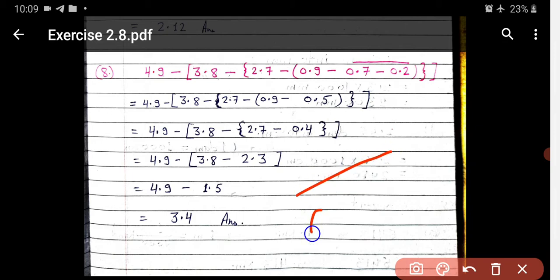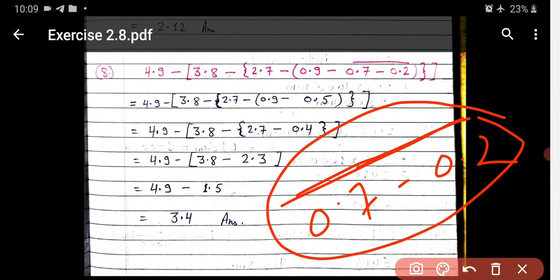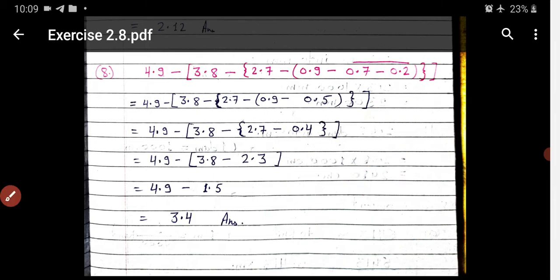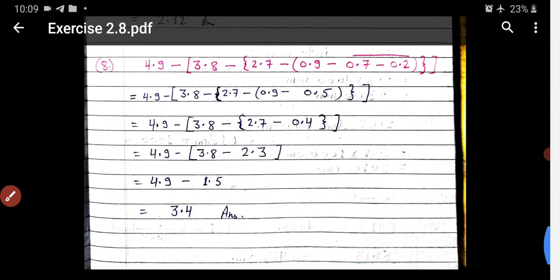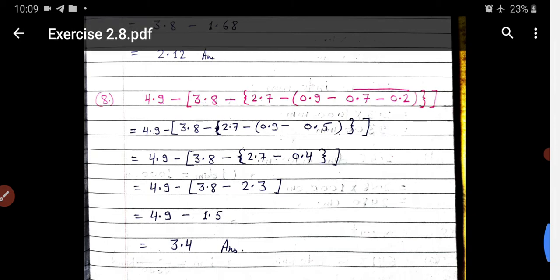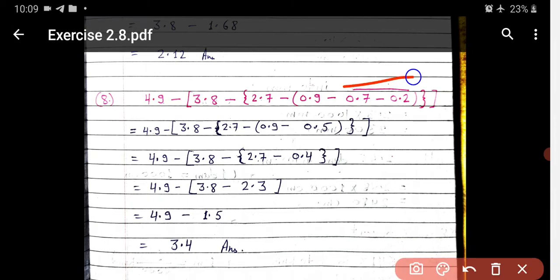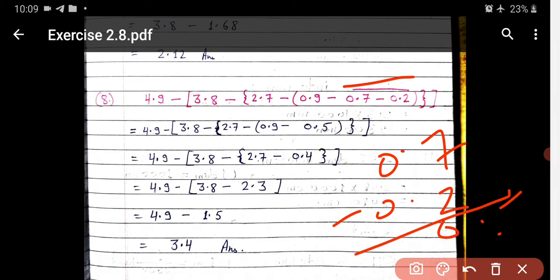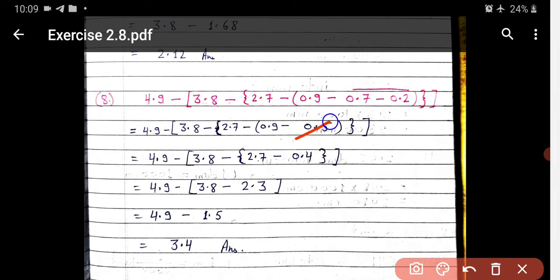Bar means whatever symbol is there, either plus, minus, multiply, divide, you have to solve that first. If a bar is there, you have to solve that operation first. Now one bar is present here, 0.7 minus 0.2. So first you have to solve that bar. 0.7 minus 0.2 gives 0.5.